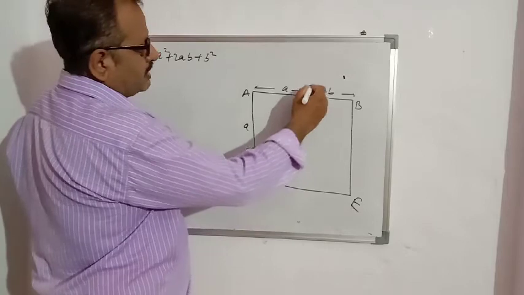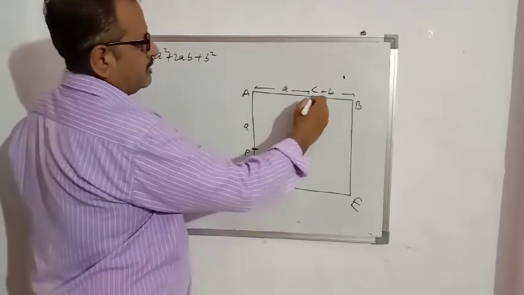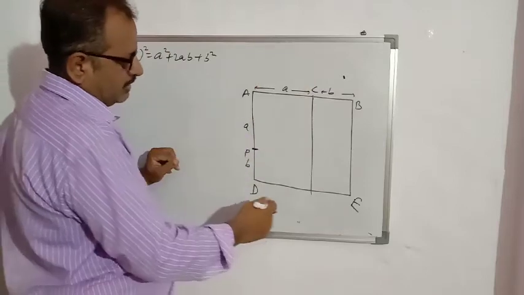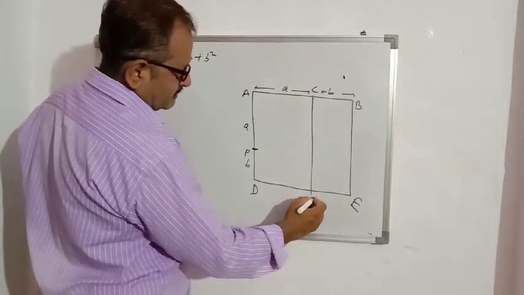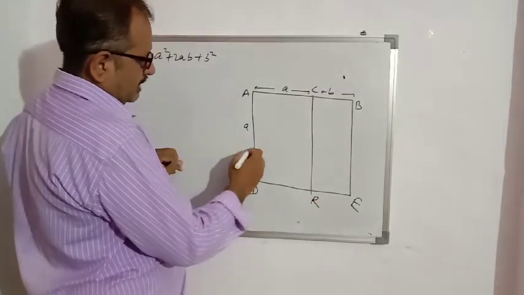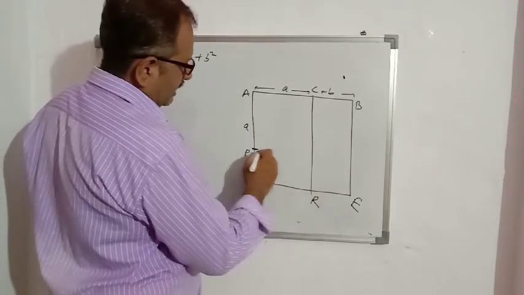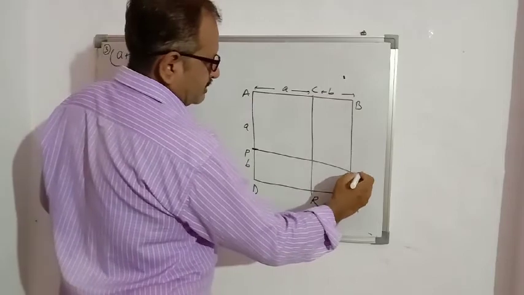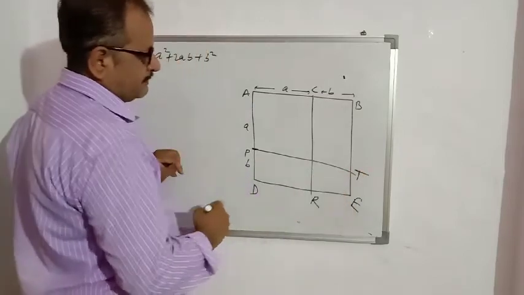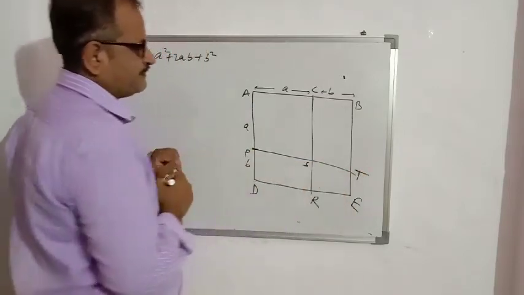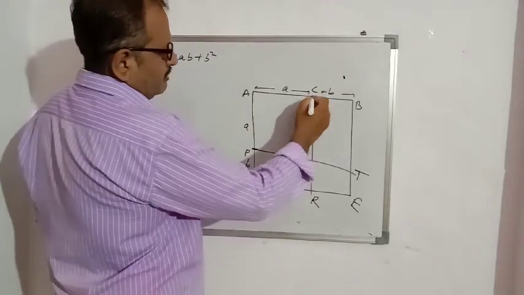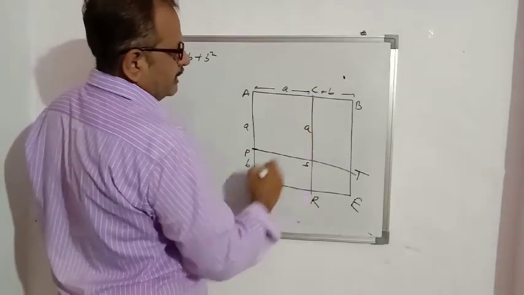From C we will draw a line parallel to AD. Suppose it meets DE at R. And from P we will draw a line parallel to AB. Suppose this point is T, this is S. So in this way, what will be the CS length? It will be a.